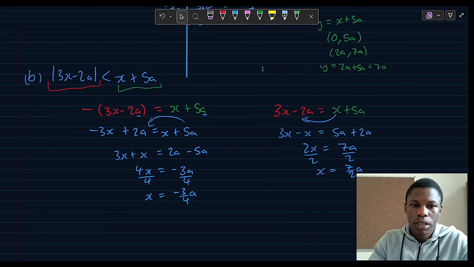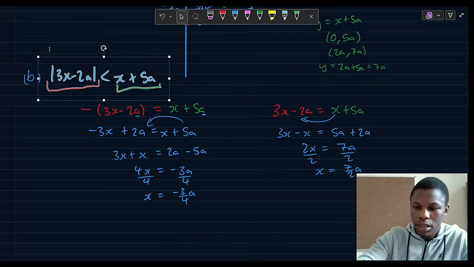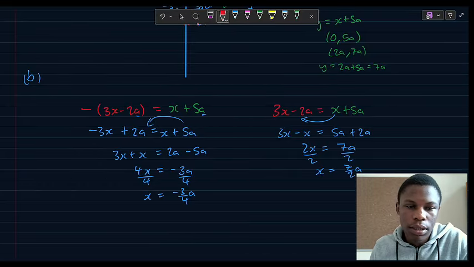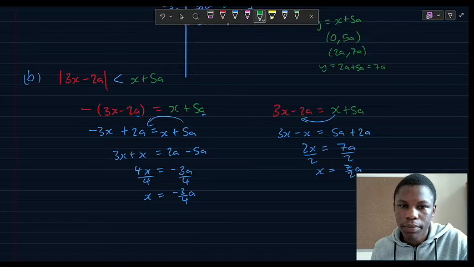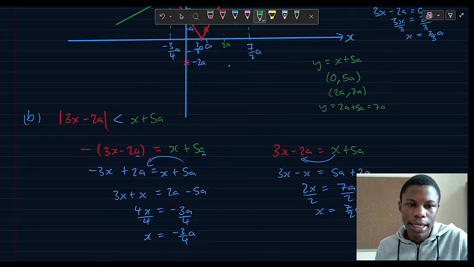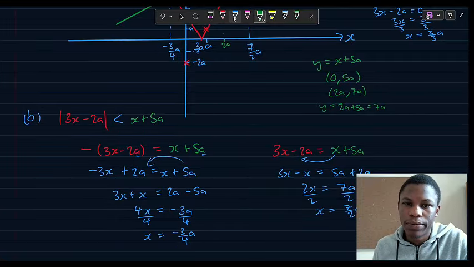And now we need to solve our inequality. I'm just going to rewrite this with the correct colors that we've used on our graph. So we've got modulus of 3x minus 2a. And we're saying this has to be less than x plus 5a. So this is saying when is the red graph below the green graph?